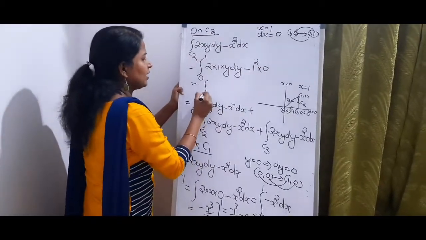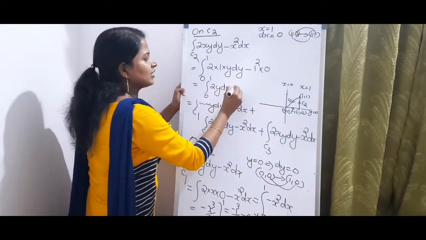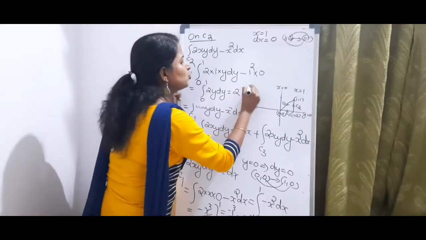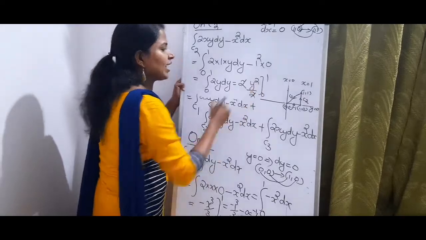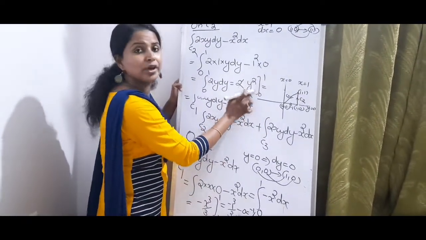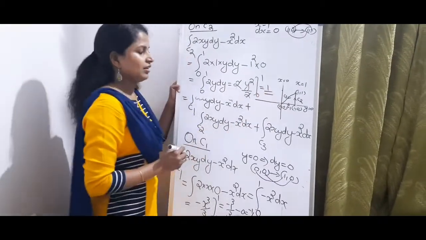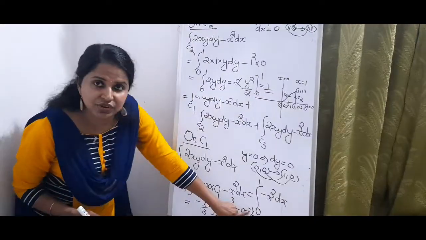That is the integral from 0 to 1 of 2y dy, which is 2 into the integral of y dy, y square by 2, limit 0 to 1. The 2 and 2 get cancelled. We get upper limit 1 square minus 0 square. 1 square means 1. So the second integral value is 1. The first value is minus 1 by 3.